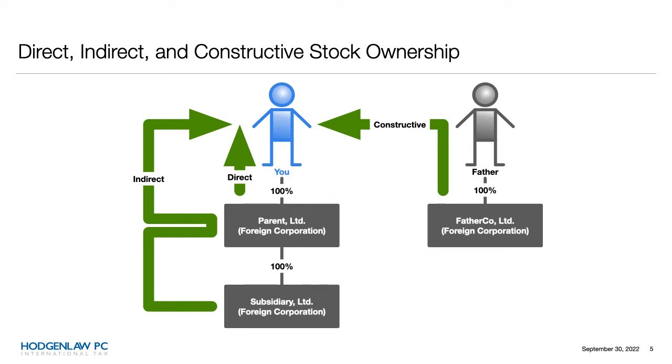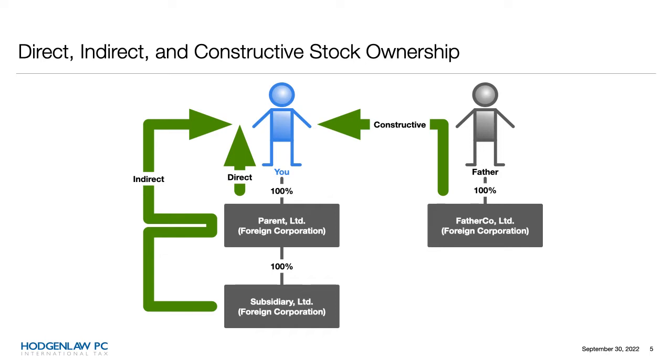The economic reality of Father Co. Limited is that if it makes a distribution, it must make it to the shareholder, namely dad, or if it's dissolved and pays off all its debts, whatever assets are left over will be distributed to the shareholder, again, dad. So the only person who can really take any economic value out of the corporation is dad. So this is a non-economic interest.